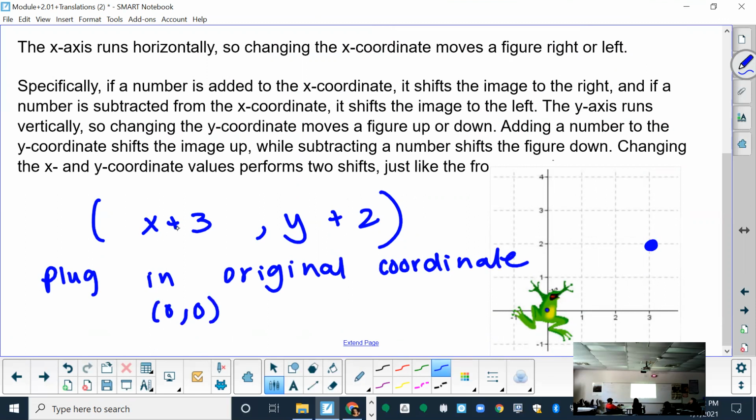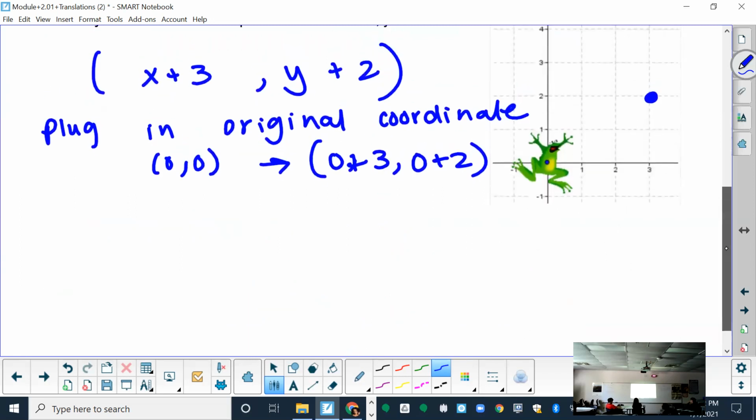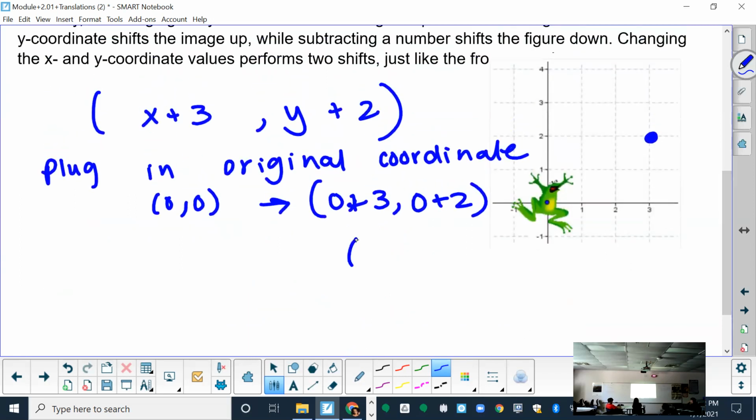If I wanted to figure out the new coordinate, and on this one it's probably really easy just to count it, just plug in 0 for the x. So we have 0 plus 3. And 0 for the y. So we have 0 plus 2. All right, simplify it. You get that your new coordinate is 3, 2.